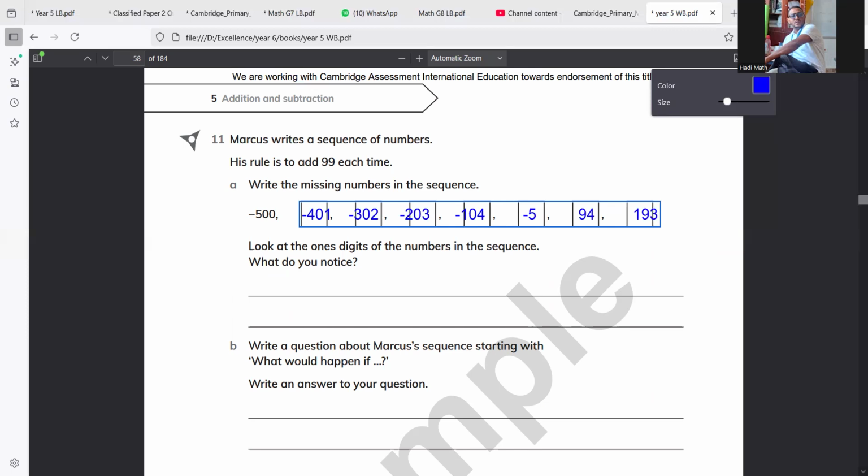They say look at the ones digit of the numbers in the sequence. What do you notice?